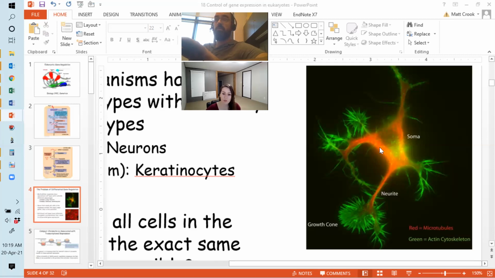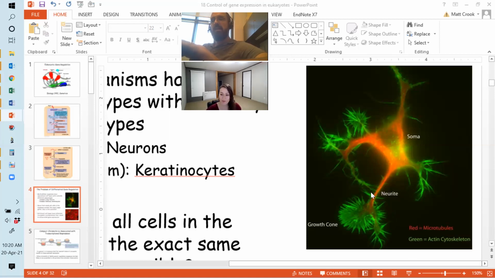Tubulin is also a funky molecule, right? And actin is another cytoskeletal protein. It's actually part of what makes actomyosin, the muscle fibers that you use to contract your muscles. But it's also used in other stuff as well.